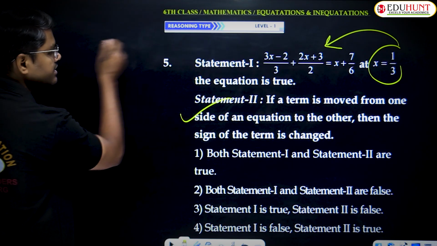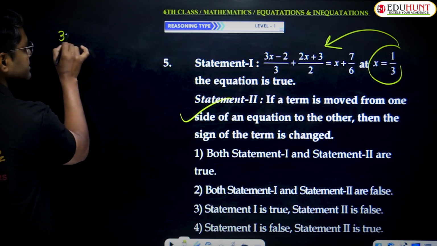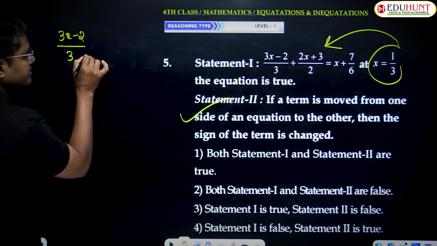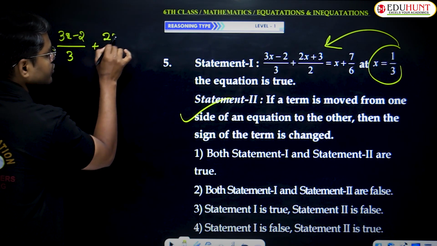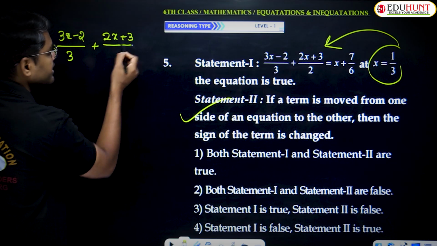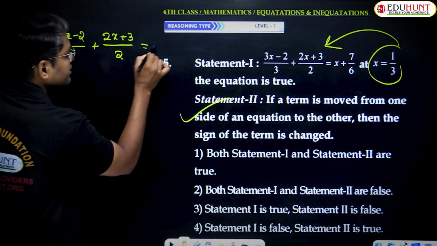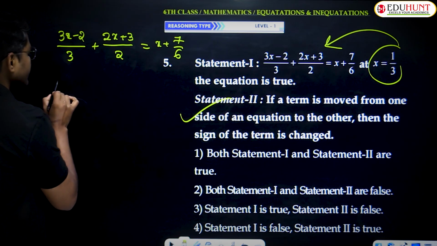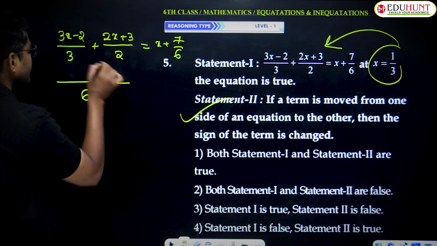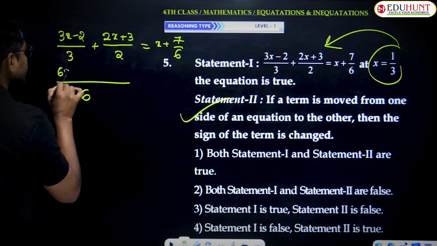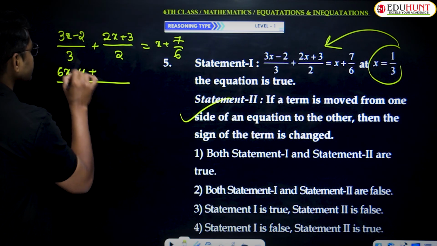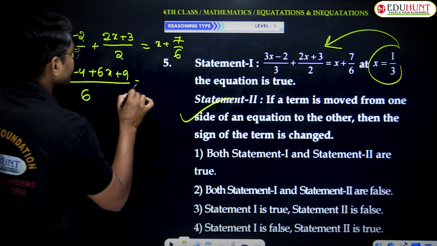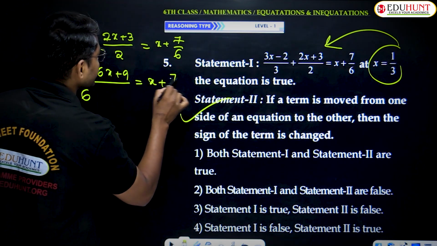First solve this equation. 3x minus 2 by 3 plus 2x plus 3 by 2 equal to x plus 7 by 6. Take the LCM 6. 2 3s 6x minus 4 plus 3 2s 6x plus 9 equal to x plus 7 by 6.